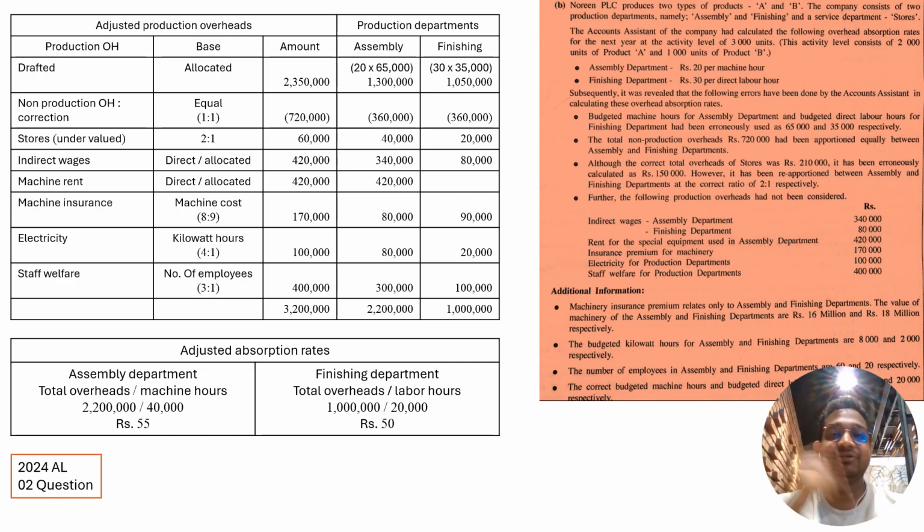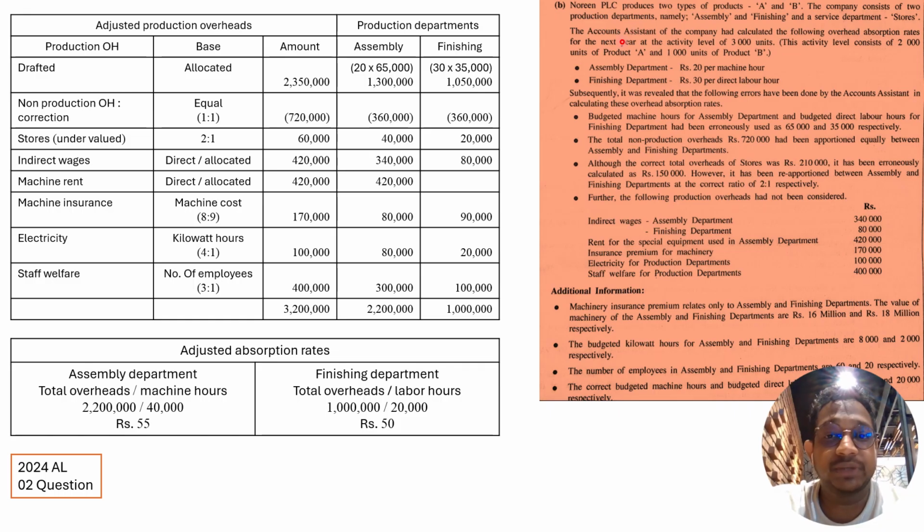So you have to revise the production overheads, and then you have to find the adjusted absorption rates, right? So this is very interesting, and I am hoping in 2025 it also will come with production overhead adjustments like this, right?